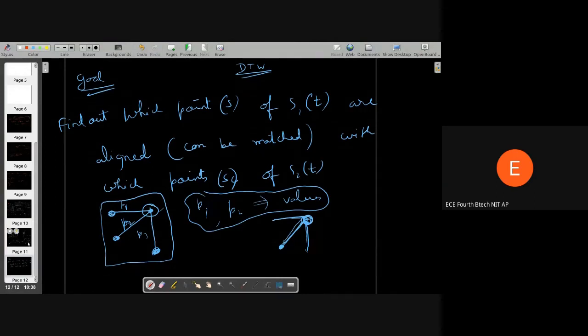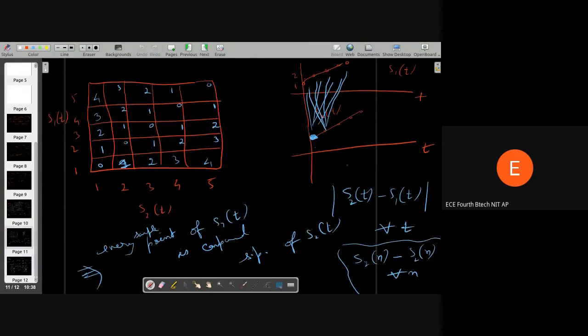So now, to reach this point, you could reach from here, from here, or from here. There are three options. Now I already know here it's 0. But you have three options from where to reach.